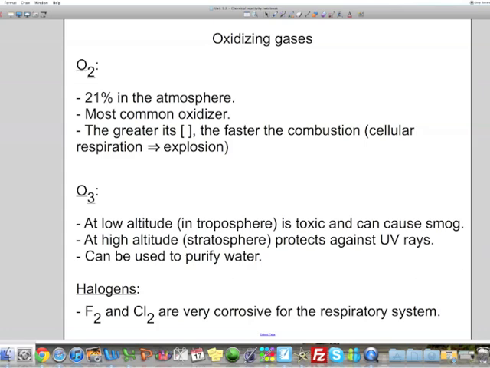That's just extra information. Okay, halogens. Those can also be used to replace oxygen. They're very corrosive, so we have to be careful when we use them. Because they can attack or damage your respiratory system, one has to be careful when using halogens as an oxidizer.